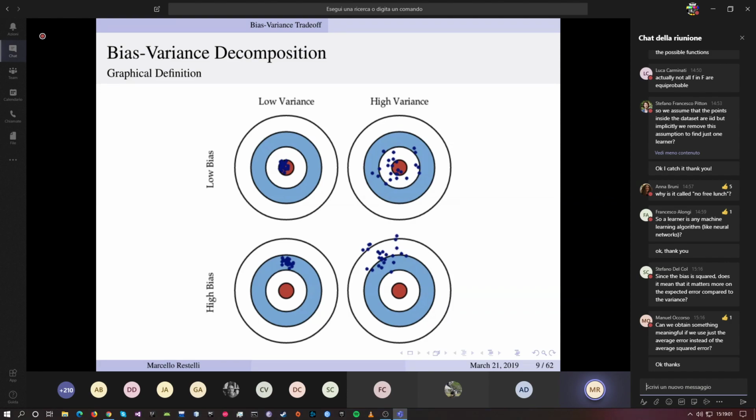Usually you are either on the top right or on the bottom left. The top right is the case where on average you are aiming at the bullseye, but there is a lot of variance because you are trembling a lot. So this is the case where you have low bias, but high variance. And so this is overfitting.